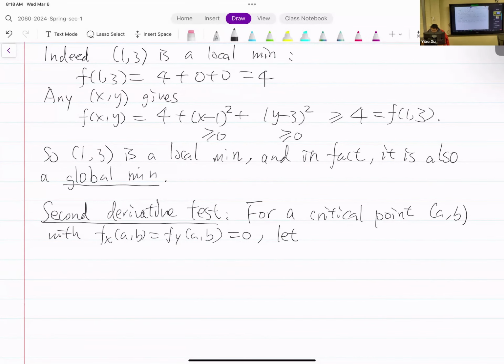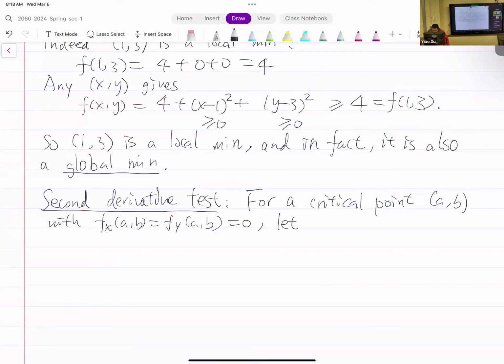So we want to put them together in an order 2 determinant. So we call it capital D. So this is a 2 by 2 matrix that you put in determinant form. The way that you do it is you put f sub xx in the first row, first column, f sub xy in the first row, second column, f sub yx in the second row, first column, f sub yy in the second row, second column.